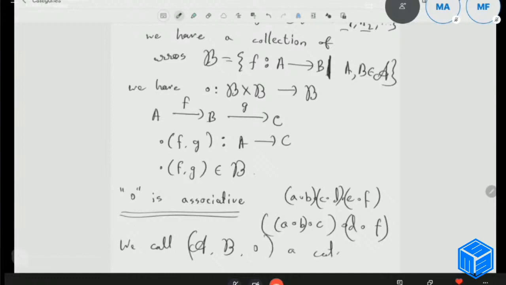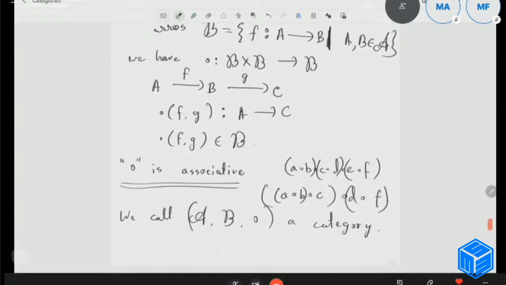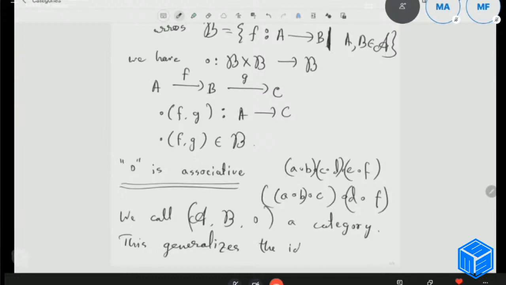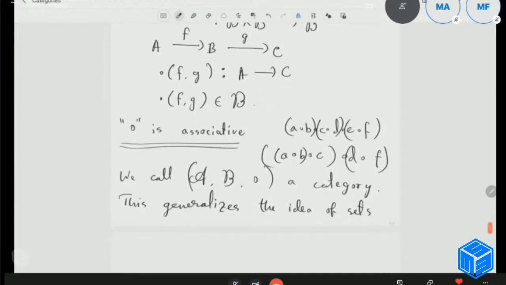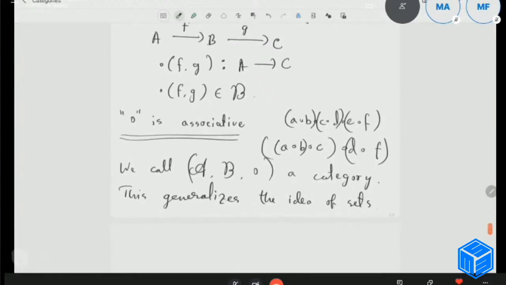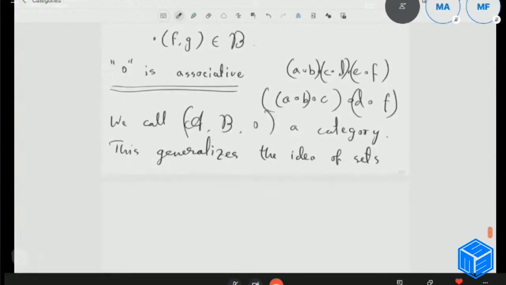I'm not really being careful with the definitions here. And this generalizes the idea of sets. Okay? Now, what can you really do with this stuff?